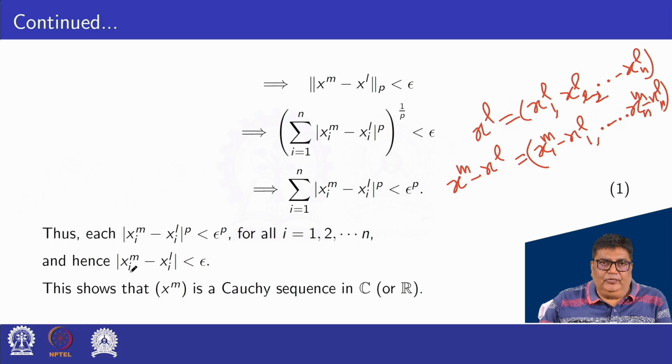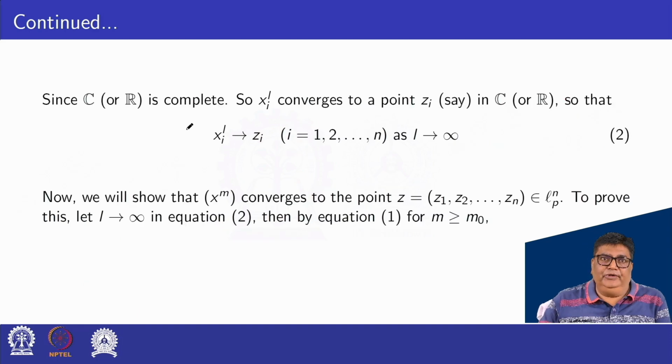xmi and xli are scalars. So, mod xmi minus xli less than epsilon shows that xmi is a Cauchy sequence in C or R. This shows that xm is a Cauchy sequence in C or R. And we know that C and R are also complete.